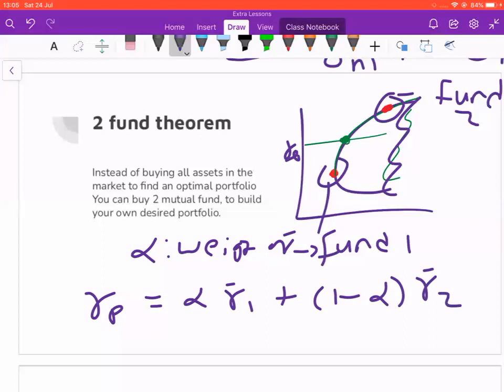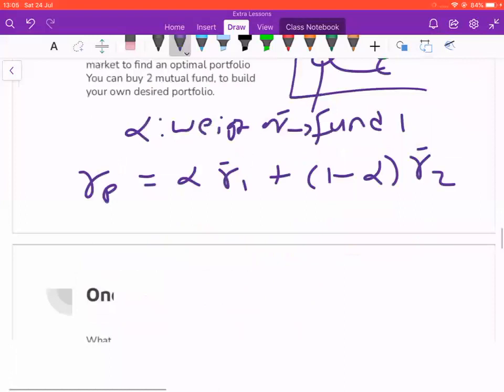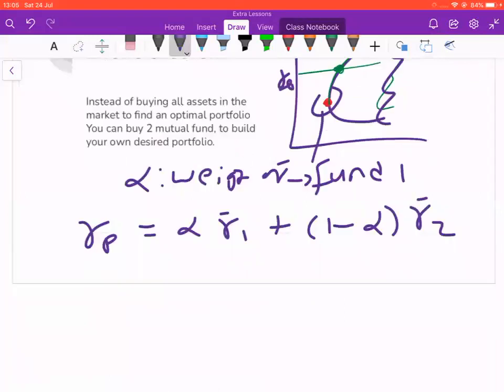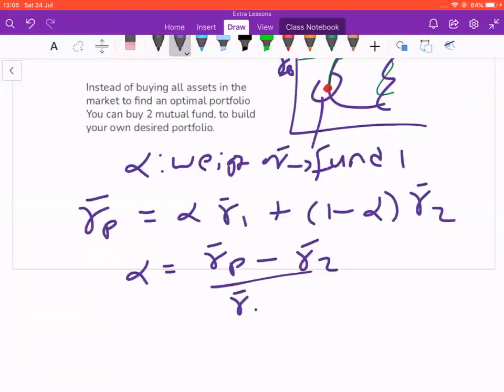So when you simplify this, you're going to find how much of asset 1 you should buy and how much of asset 2 you should buy. So basically your weight is going to be the returns of your own desired portfolio, minus the returns of fund 2, over the returns of fund 1 minus fund 2.